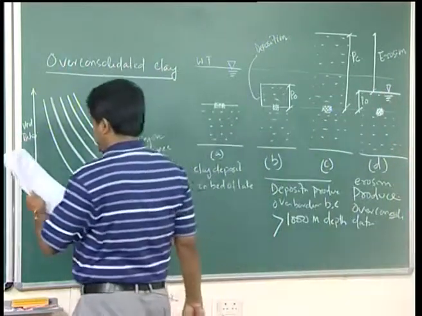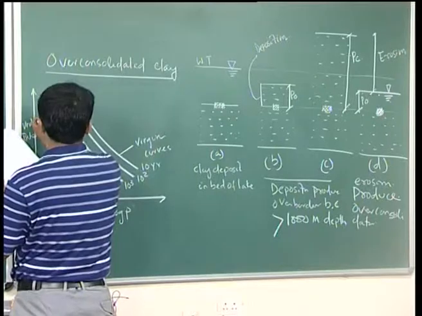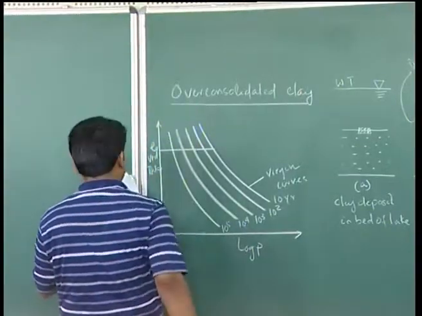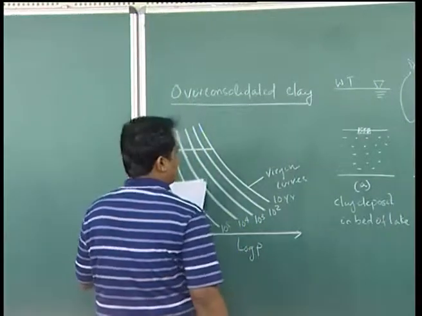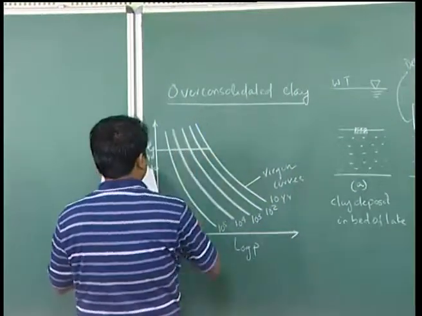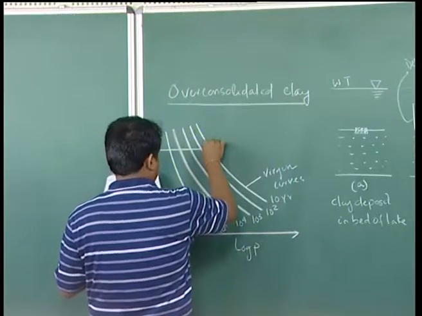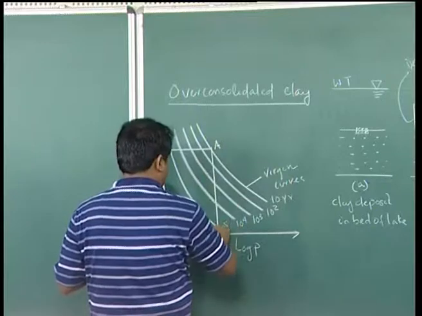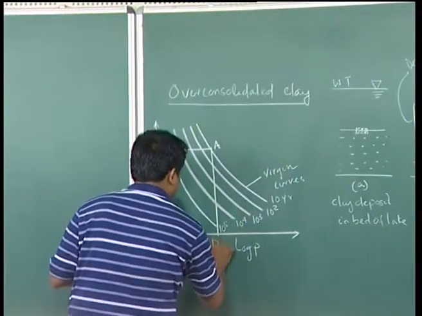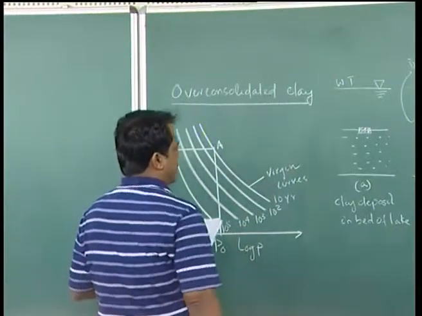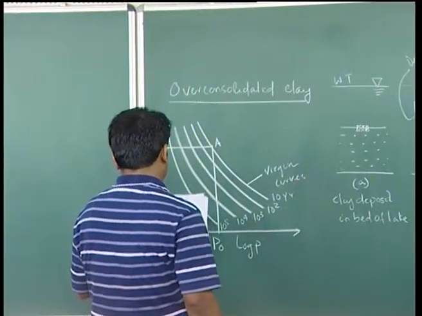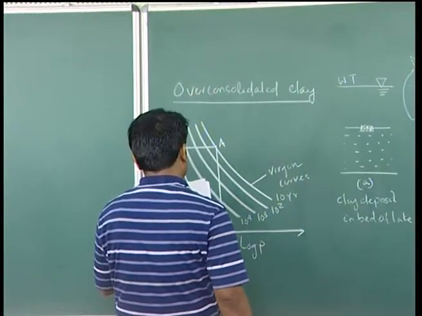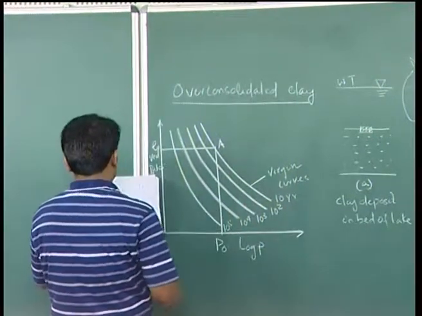Now, suppose this is my E0, the initial void ratio of this clay. So, it starts with A, suppose within these 10 years it is A, corresponding to P0, the overburden. Now, due to creep or maybe due to erosion, what will happen?